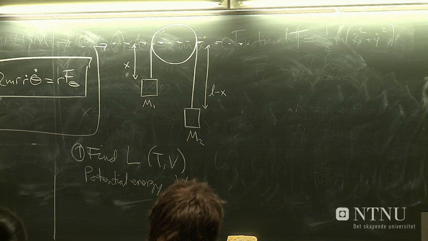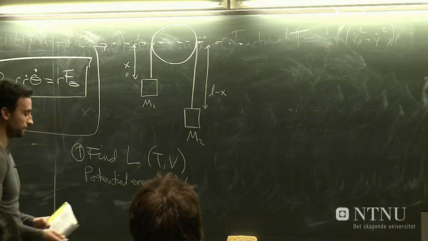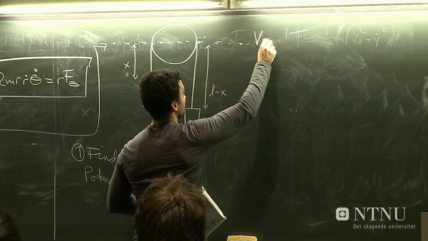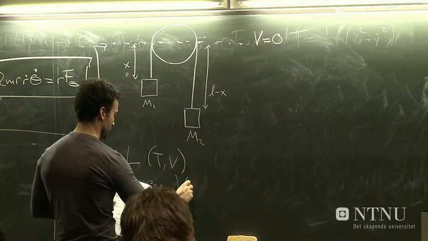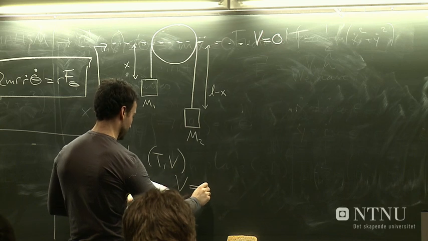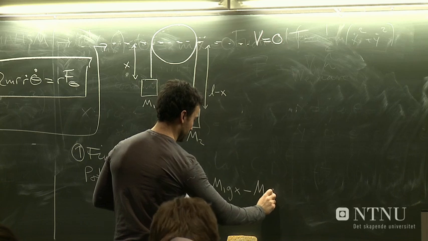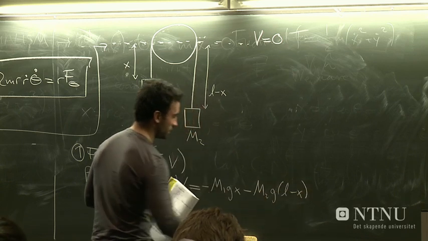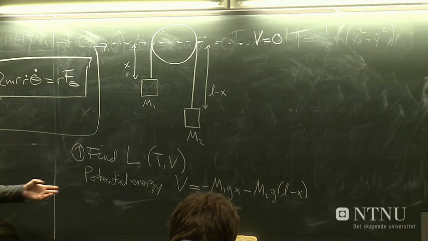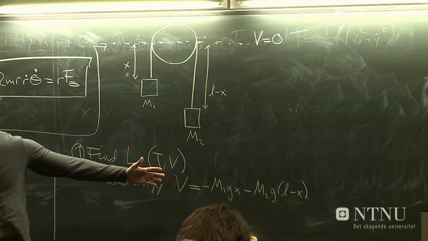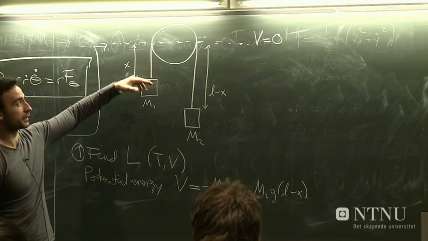We can always redefine the reference level for the potential in a conservative system. So if this is 0, then the potential energy has to have this form. It will be negative, because these are lower than this line.